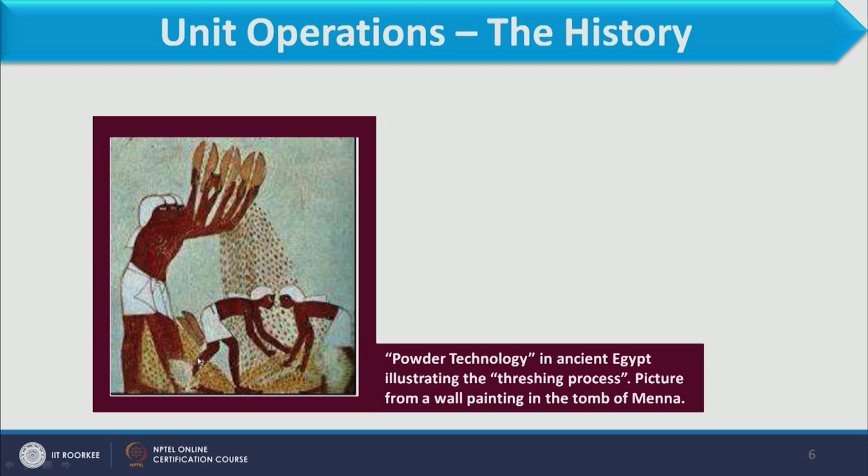So cereal will be collected from one side, and on the other side we have the collection of husk. The two persons in a slightly bending position are basically collecting the cereals as well as husk separately. This picture is basically a wall painting in the tomb of Mena.